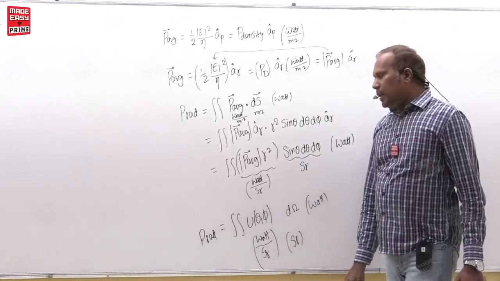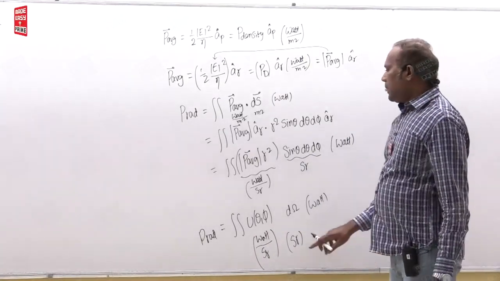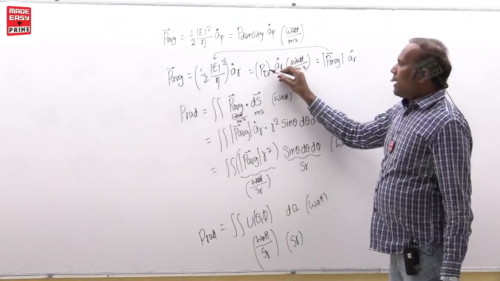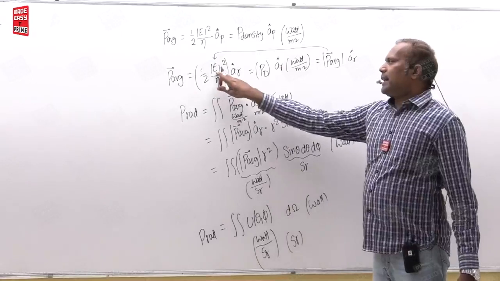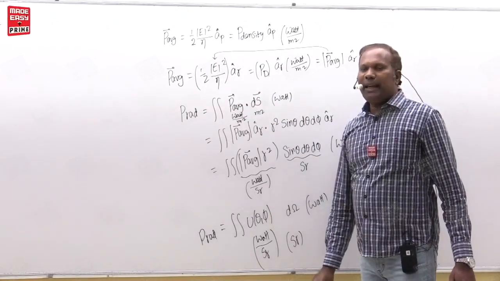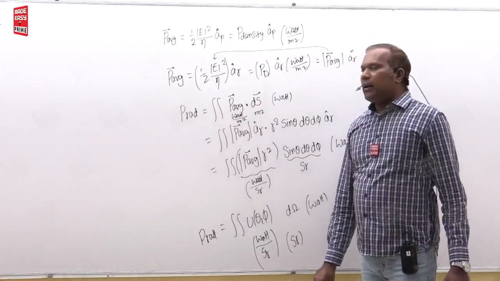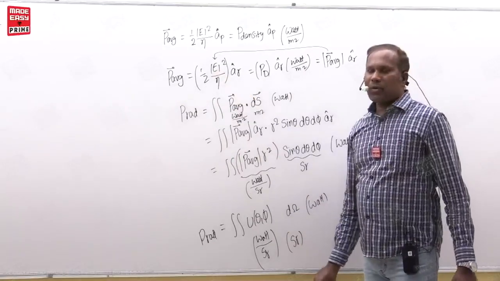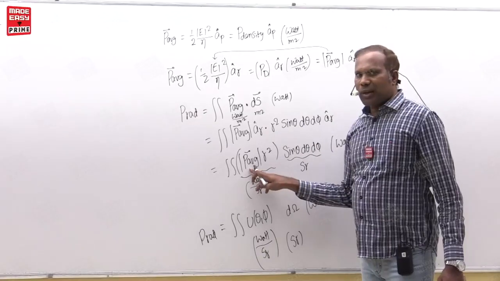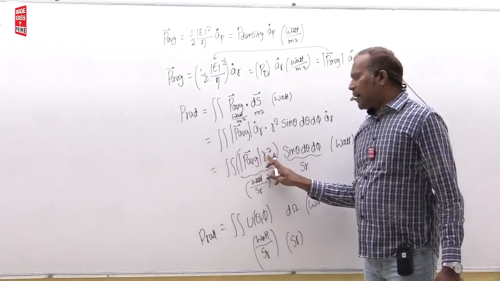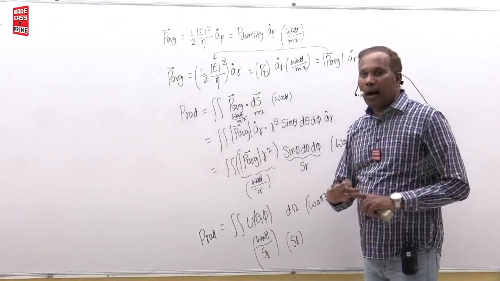My dear students, here U(theta, phi) is named radiation intensity. You can understand here, for example, power density is proportional to 1 by r square, or electric field is proportional to 1 by r, and electric field square means 1 by r square. So the average Poynting vector is proportional to 1 by r square, and multiplied with r square, the r term is gone.